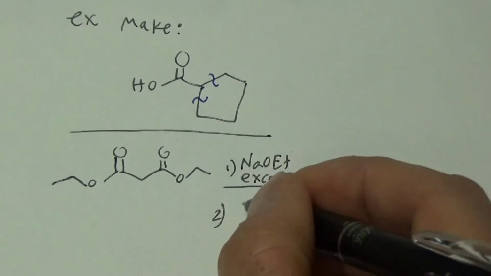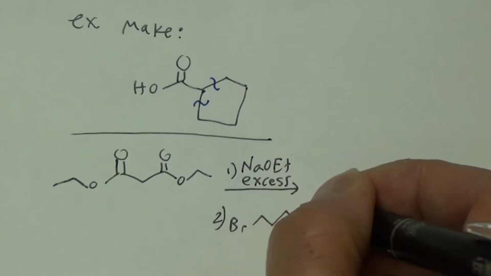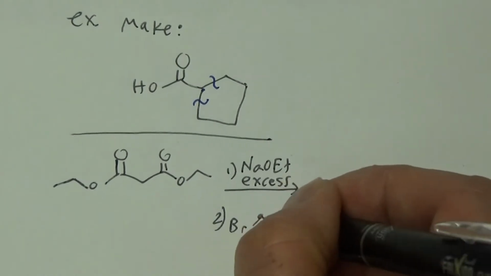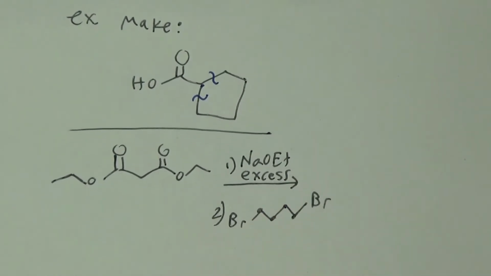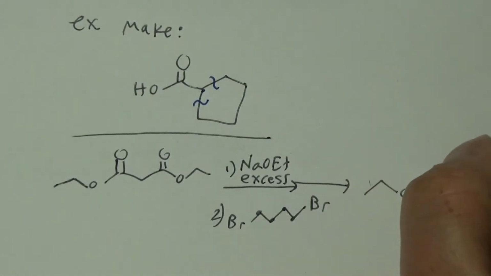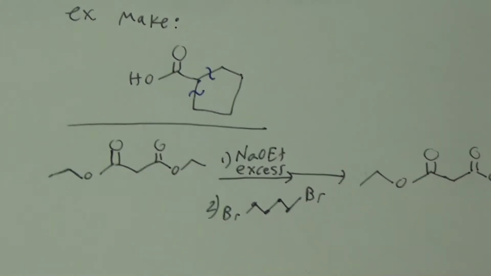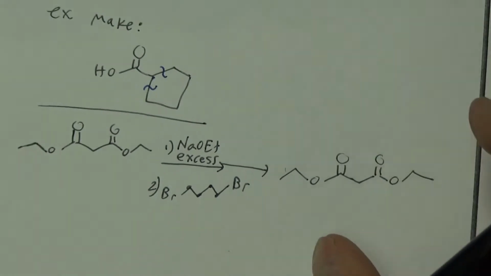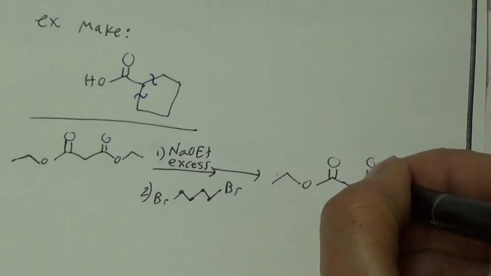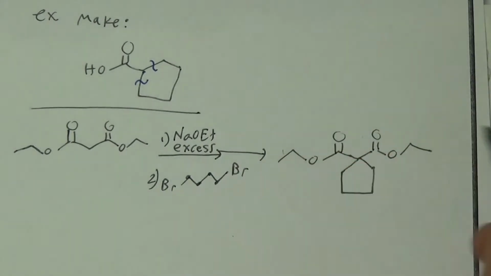So now it's bromine, carbon, carbon, carbon, carbon. So it's 4 carbons, I'm sorry. 2, 3, 4 carbons. Alright, that will make the diester with those 4 carbons attached. I'll show the intermediate in a second.